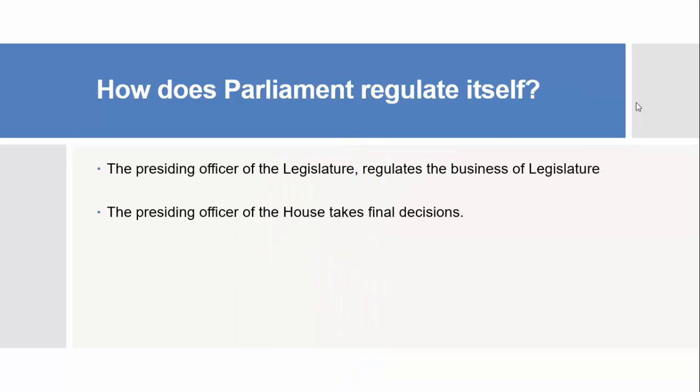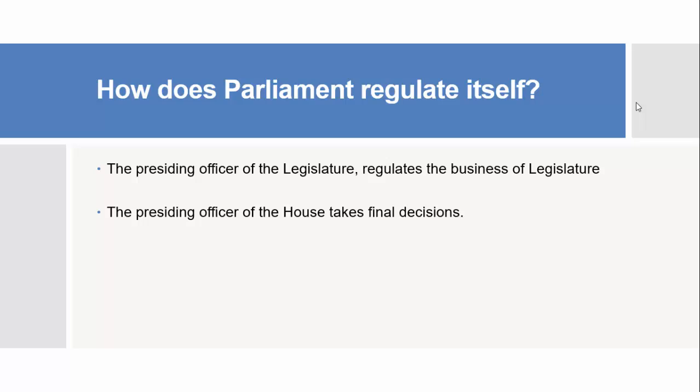Now, in this slide, we will discuss how Parliament regulates itself. The presiding officer of the legislature regulates the business of the legislature. It is wholly and solely the responsibility of the presiding officer to control the business of the legislature. And secondly, the presiding officer of the House takes final decisions.